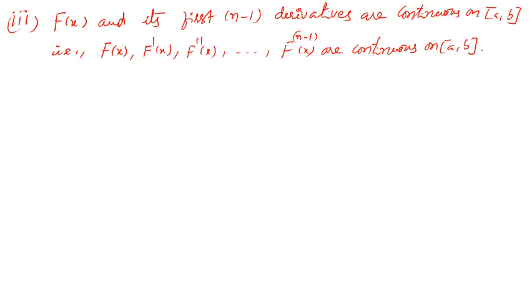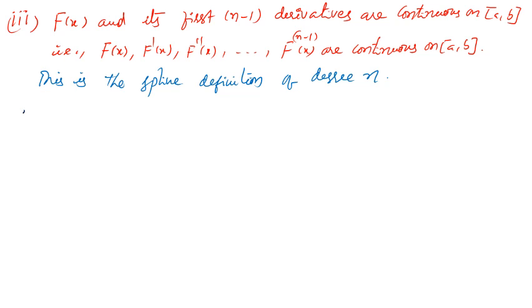Now, what is the cubic spline? Let us see. Therefore, this is the spline definition, spline of degree n. Okay, just let me write. This is the spline definition of degree n.